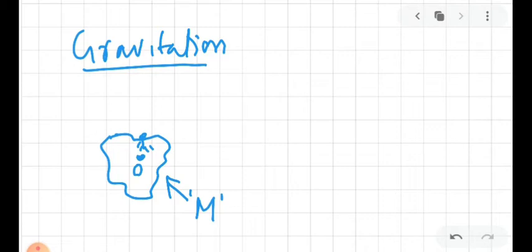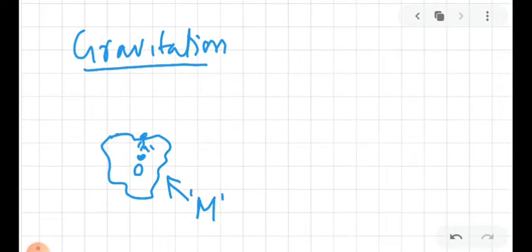Now for every point in the space around the given mass, among the infinite sea of points, you can draw a position vector to that point, and you can call that position vector r.